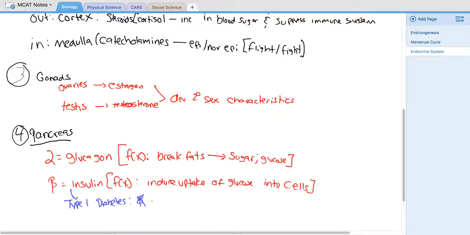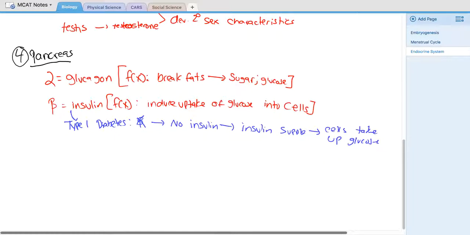So no beta cells will lead to no insulin, which means you have to use insulin supplements to get your cells to take up glucose. All right, cool. All right, we got that done.